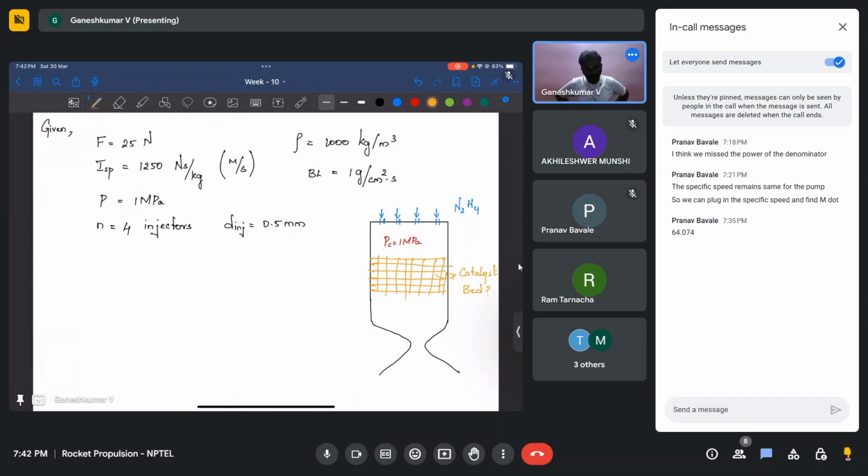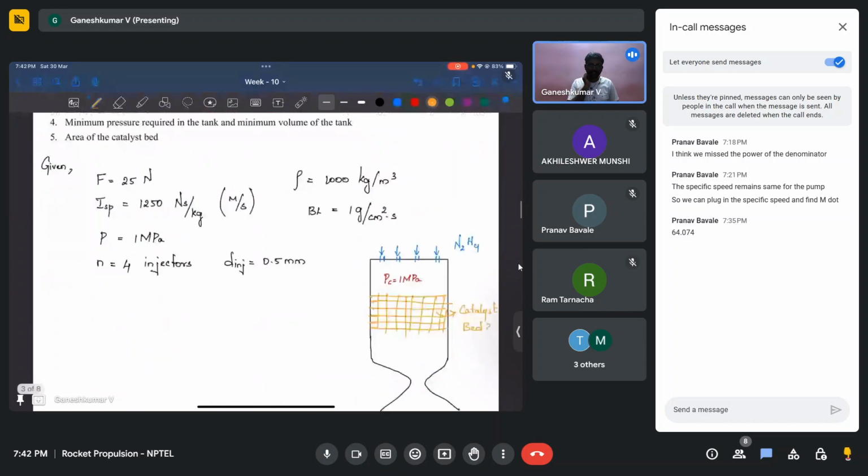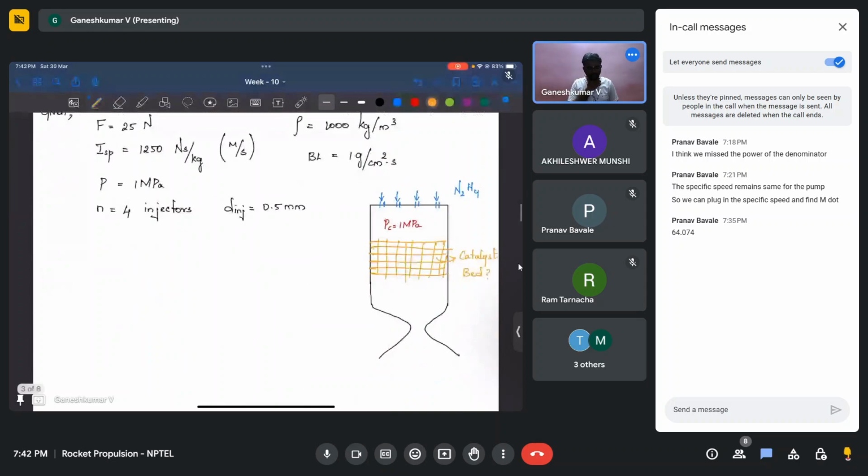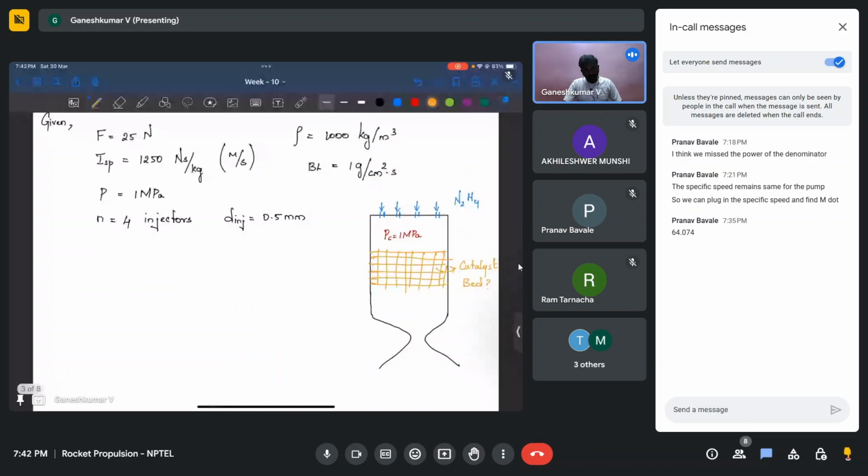hydrazine is a monopropellant. So it has to decompose, and then it has to react, and then generate products. That is the reason we have a catalyst. It will make this process a little faster.